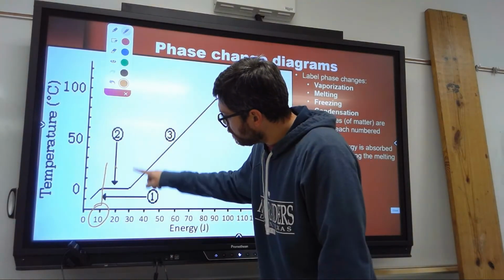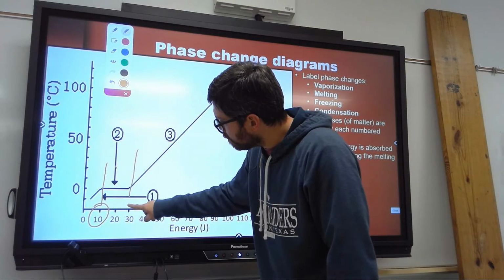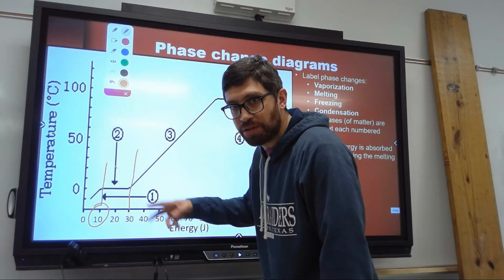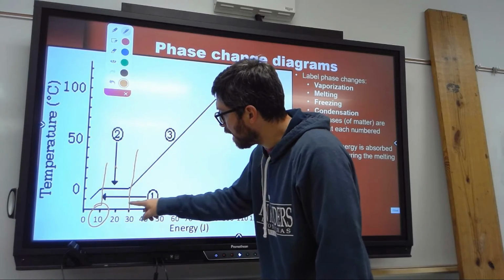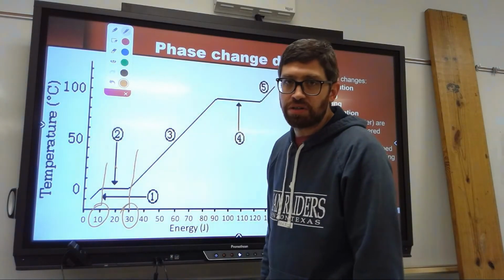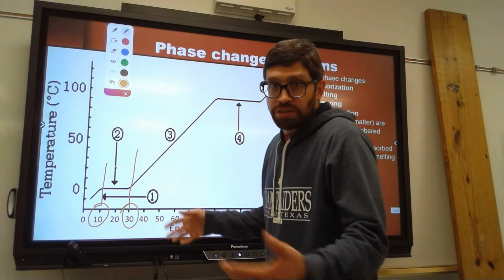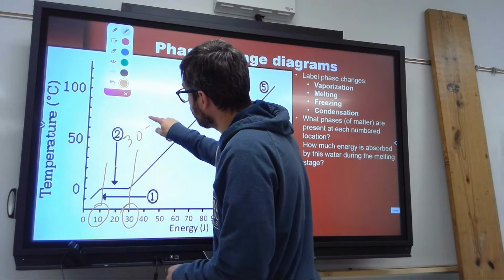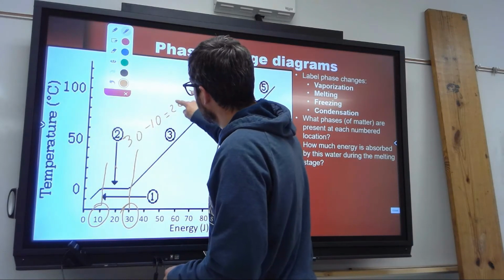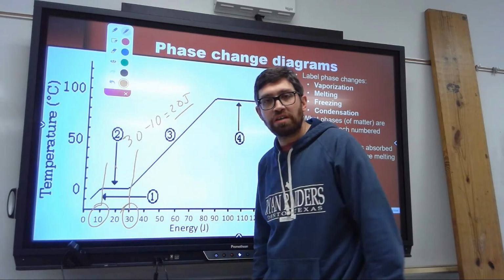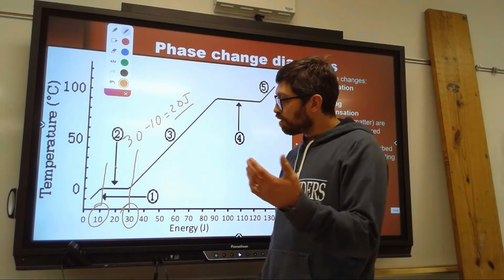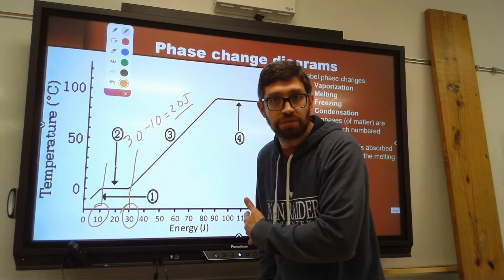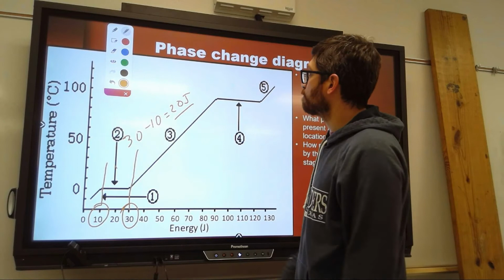At the end of melting, we have all of this substance completely melted. All of the ice has been melted away and turned into liquid. When that happens, we're at 30 joules of energy. How much energy was absorbed to go from 10 to 30? Well, that's really easy to figure out. All we've got to do is subtract, and we get 20 joules of energy that must be absorbed to go all the way through the melting phase of this substance.